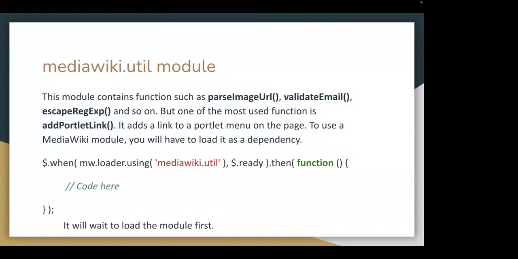Likewise, there are modules to parse image URLs, validate email, or escape regex. There are a lot of module functions, so you can go on your own to see what is useful for you, like MediaWiki.util.